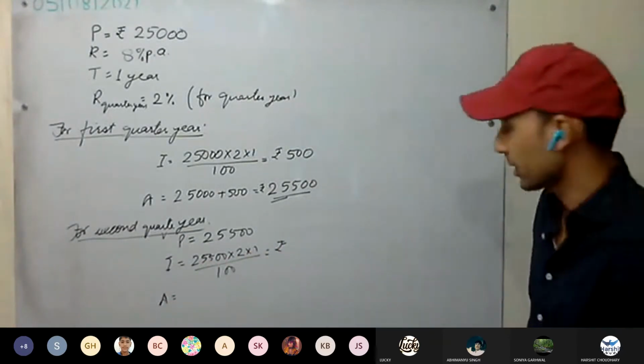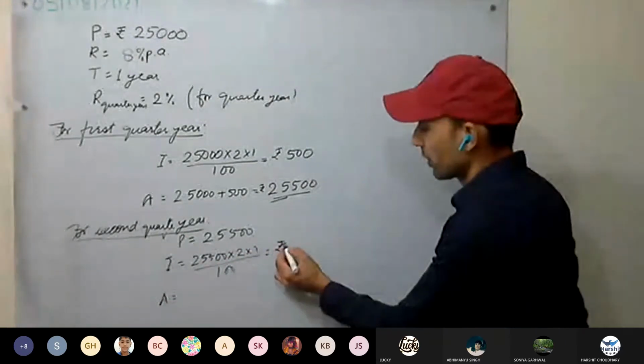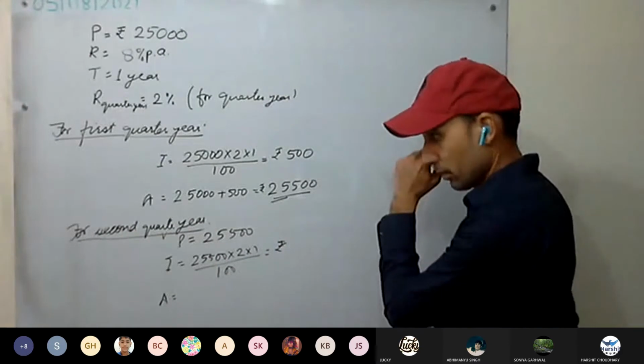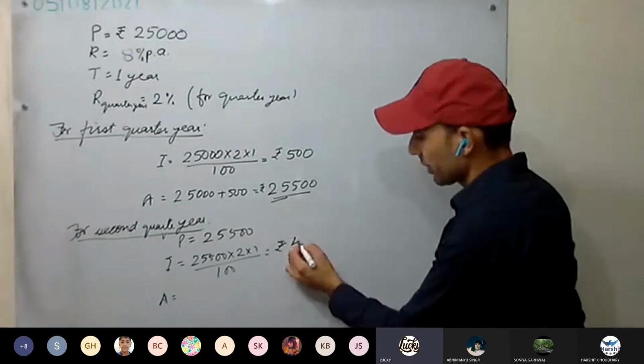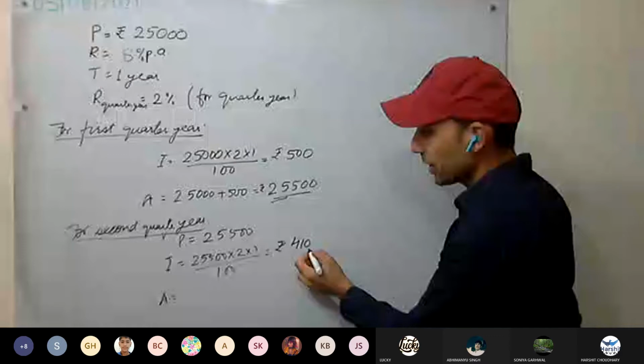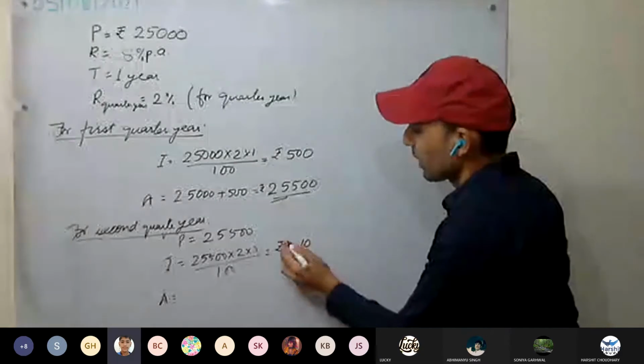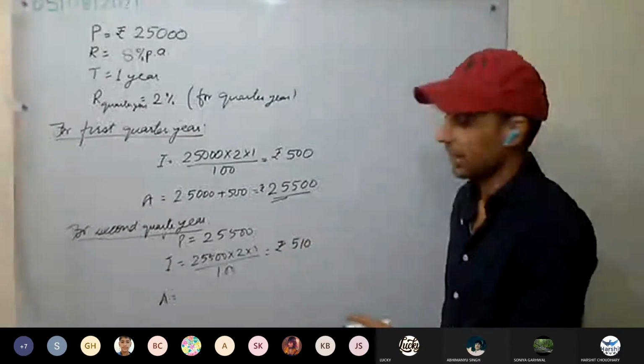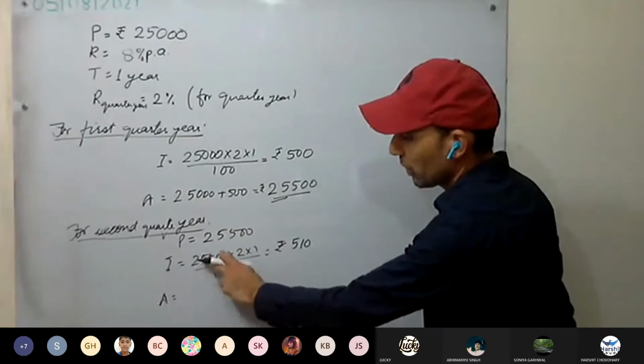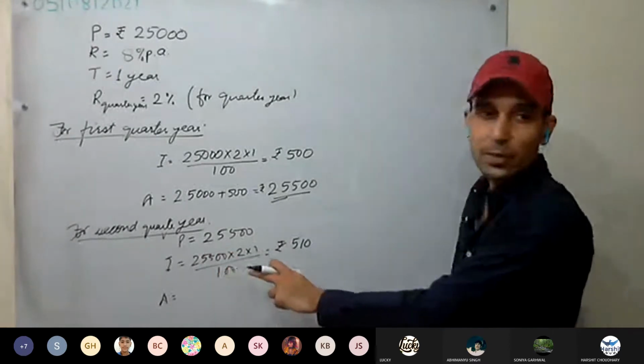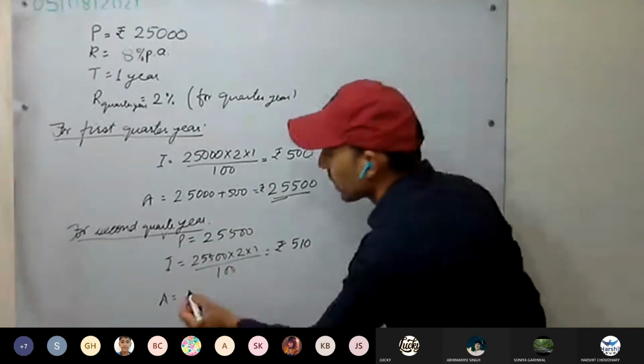How much is it? 510. So 200, 400 it will be there, 55, 55, it will be 110. So 510. Okay.